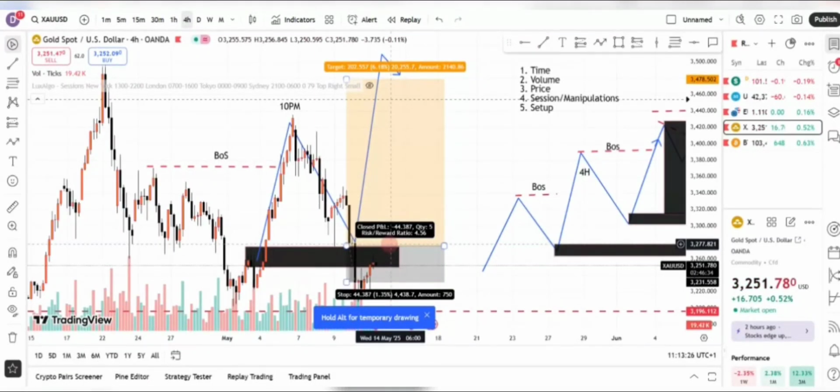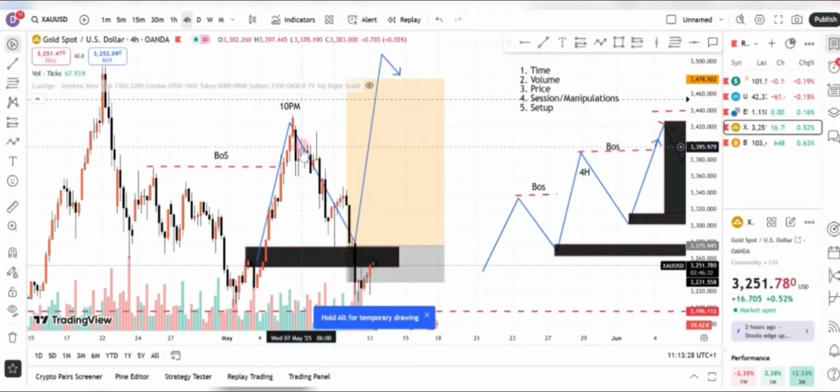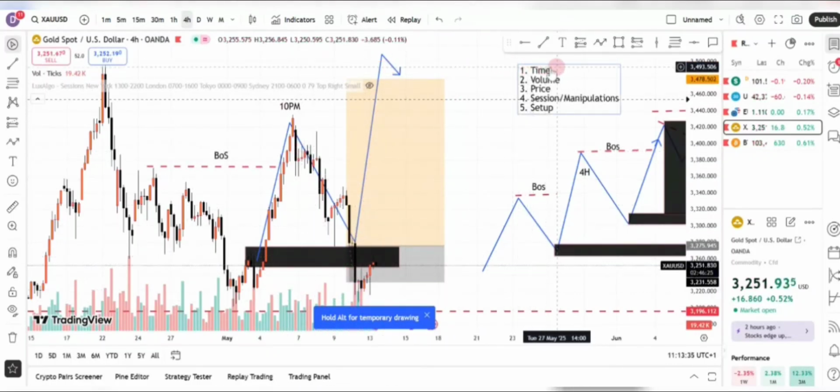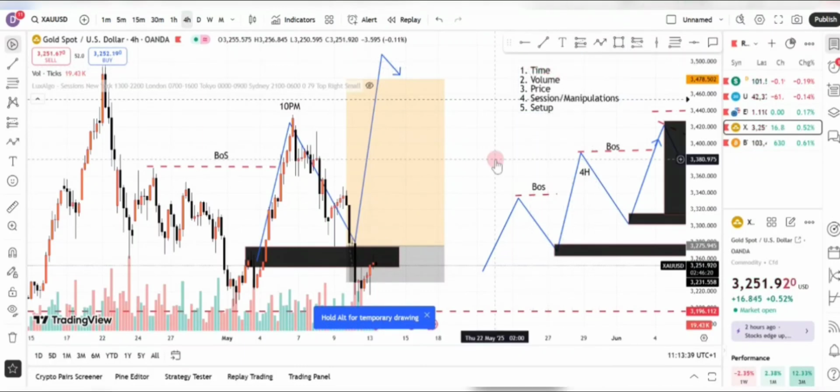As long as it is not within my trading window, I don't even care about it, because most times your setup will not work. Number one, once you are trading at the wrong time, just know that there are not a lot of participants. When you're trading somewhere around 10 p.m. in the night, Nigerian time, the people who are trading the US market, the US stock exchange, which is the largest stock exchange, are closing for the day.